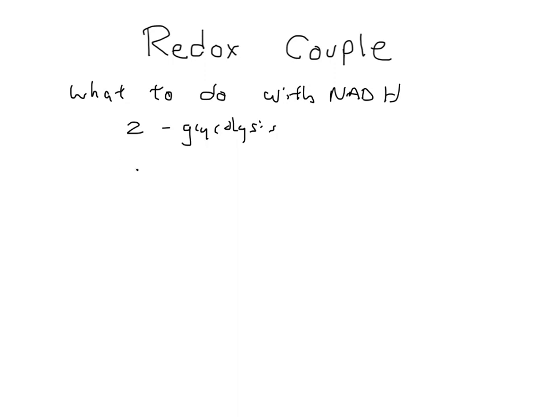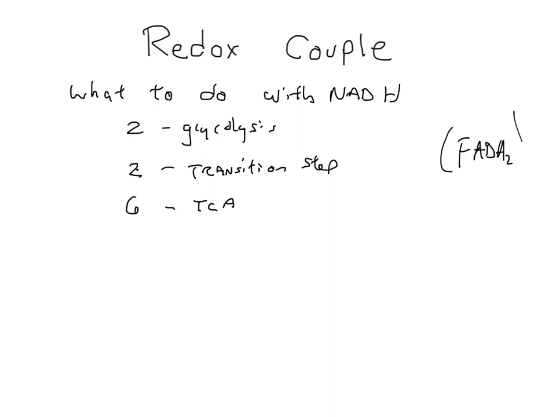Remember, I made 2 pyruvate at the end of glycolysis, so this is per glucose. 2 from the transition step, and then we made 6 from TCA. We also have something called FADH2, and we'll see how it behaves very similarly.